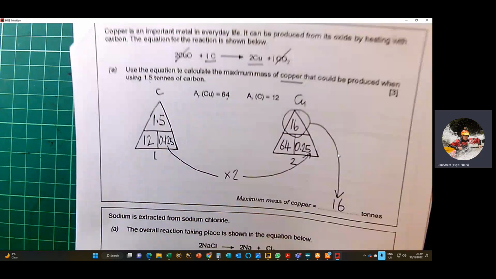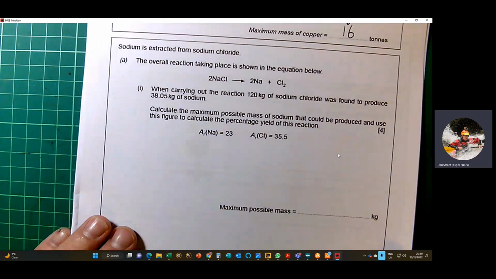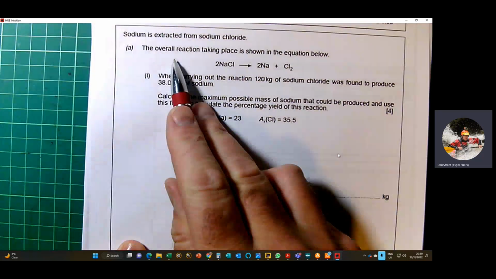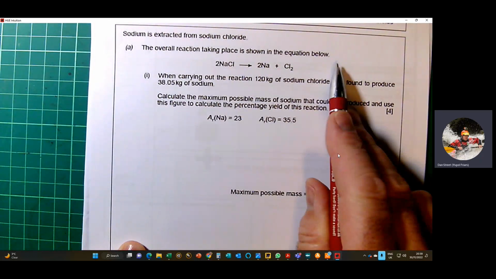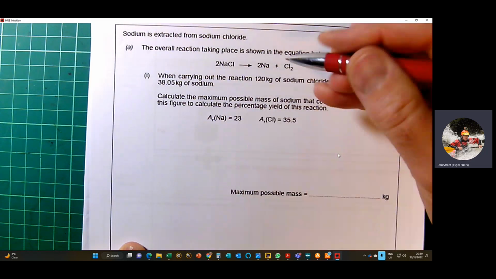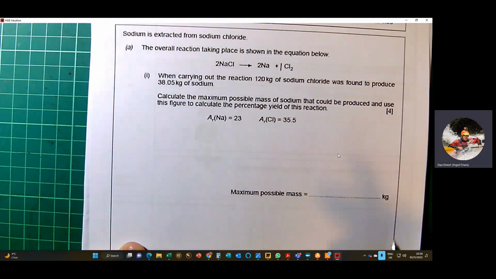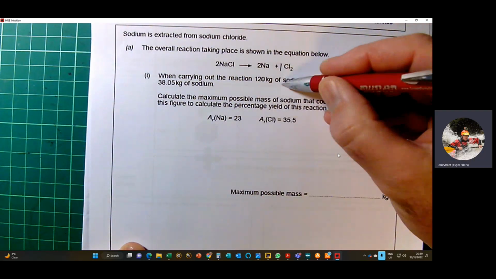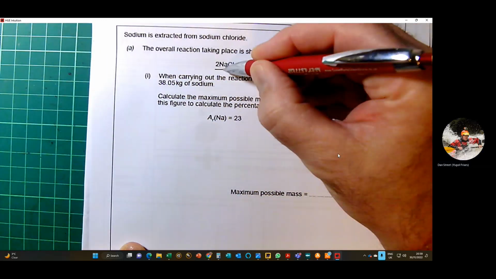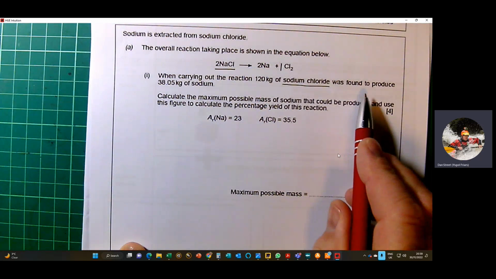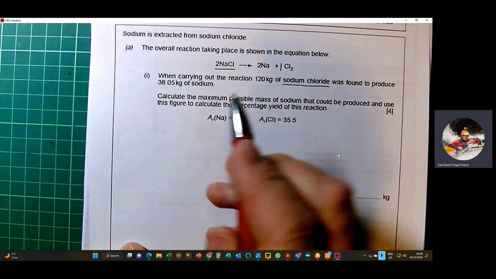The next question has 2 stages to it. Similar story. The overall reaction taking place is shown in the equation below. So we've got 2 moles of sodium chloride makes 2 moles of sodium and 1 mole of chlorine. When carrying out the reaction, 120 kilograms of sodium chloride was found to produce 38.05 kilograms of sodium.